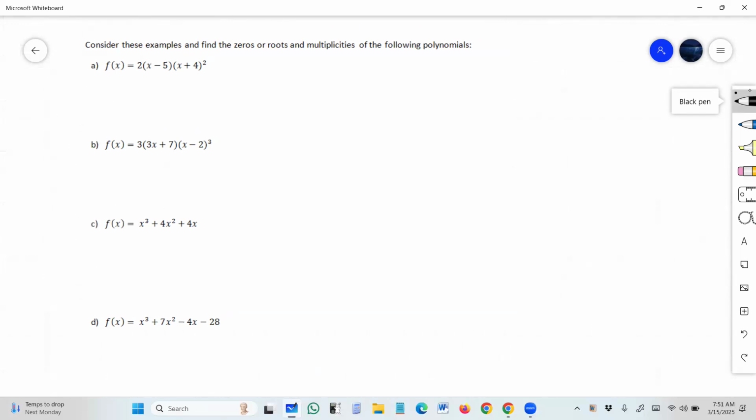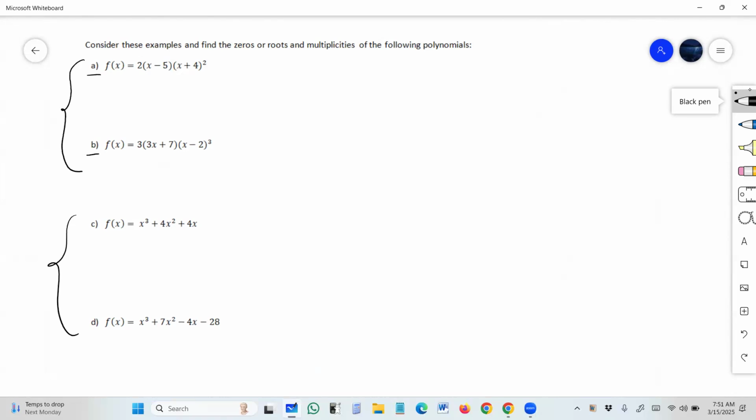In the first case, maybe the most traditional case, the polynomial is already completely factored, as you can see. And in the second case, the polynomials are not fully factored, they're in standard form, and we'll have to factor them according to the factoring techniques that we know and find the roots and find the multiplicities. So the first two cases are easier, obviously.